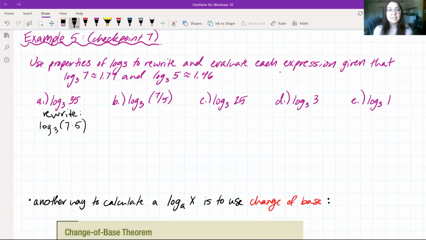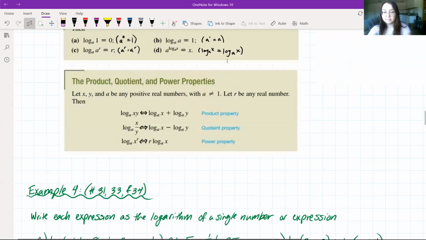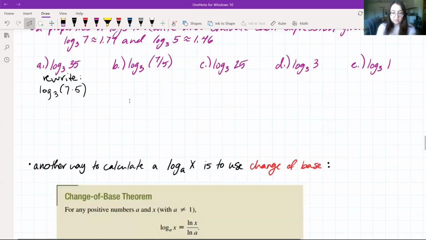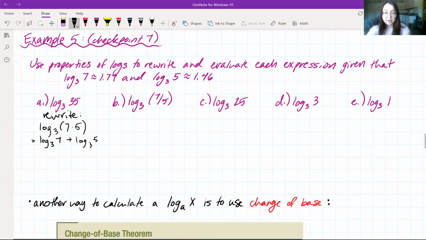And now that we've rewritten it, we see that we have 7 times 5, or like our property had said before, x times y. So we're going to rewrite this as log base 3 of 7 plus log base 3 of 5. Now we know what log base 3 of 7 is, and we know what log base 3 of 5 is.